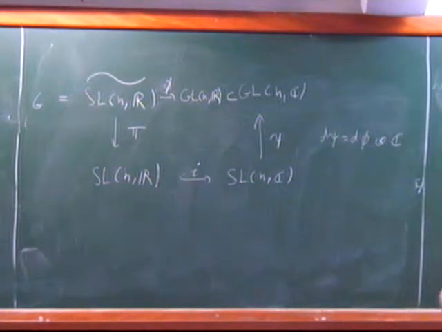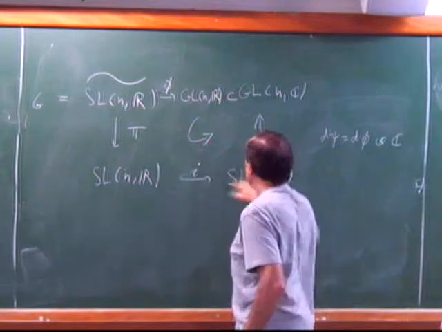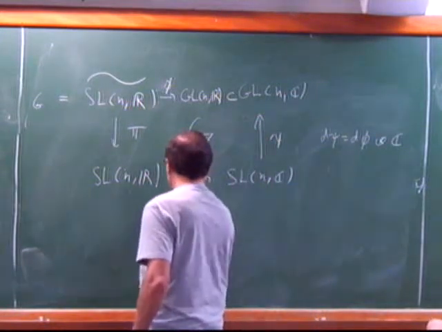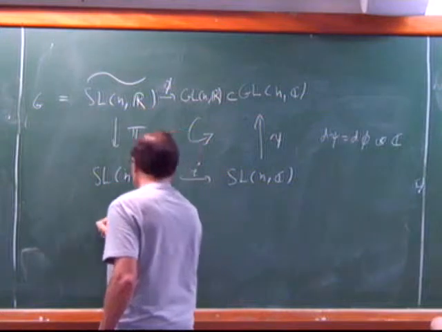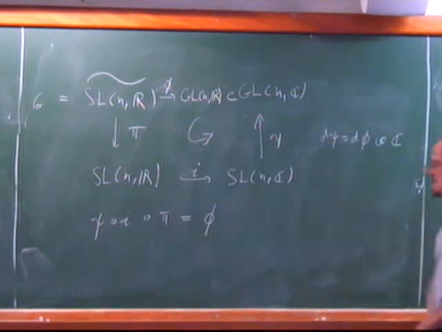So I claim this diagram is commutative. I can go this way, and this way. So pi composed with i composed with psi, I claim, is the same thing as phi. Why is that?